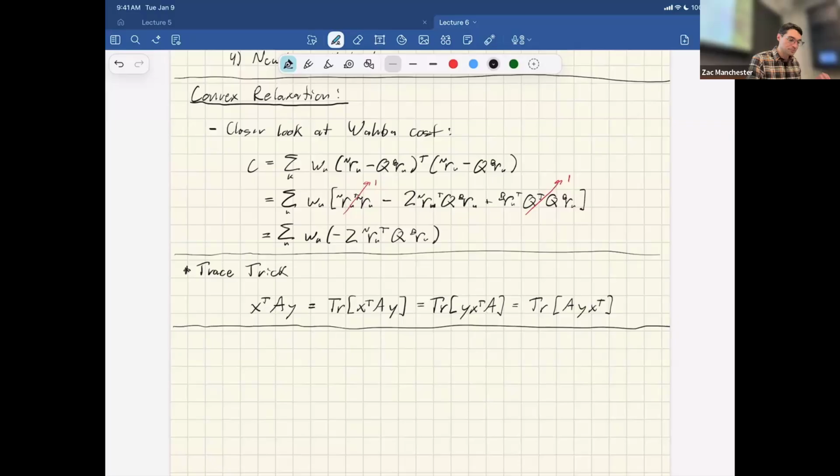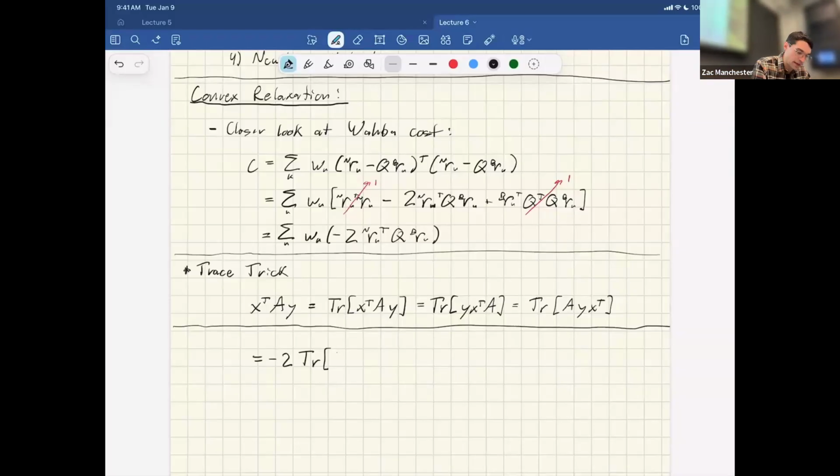So we're going to take the last step of this Wahba thing, and we're going to play the trace trick. We're going to wrap it in a trace. I'll pull the minus sign and the 2 out because those don't really matter. And then we've got trace, and I'm going to permute it. So I'm pulling the Q out to the right. That's the goal.